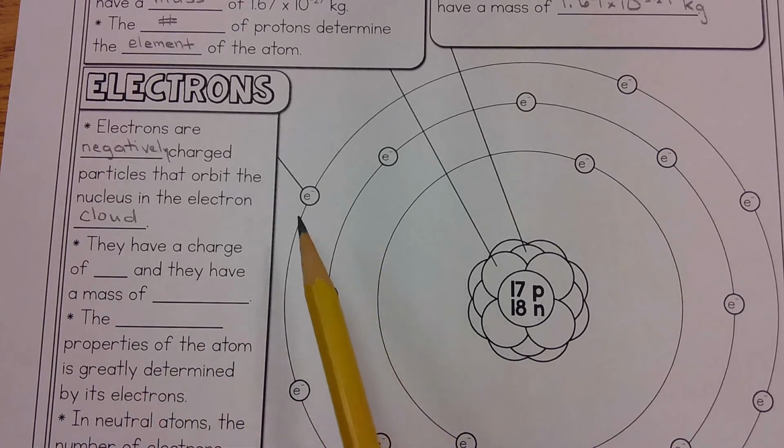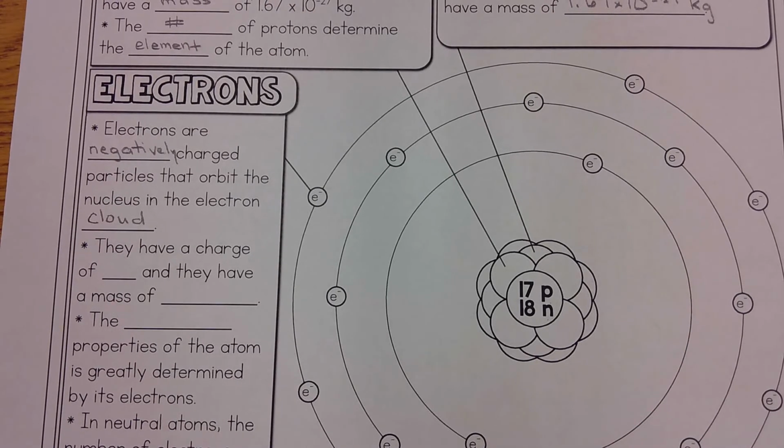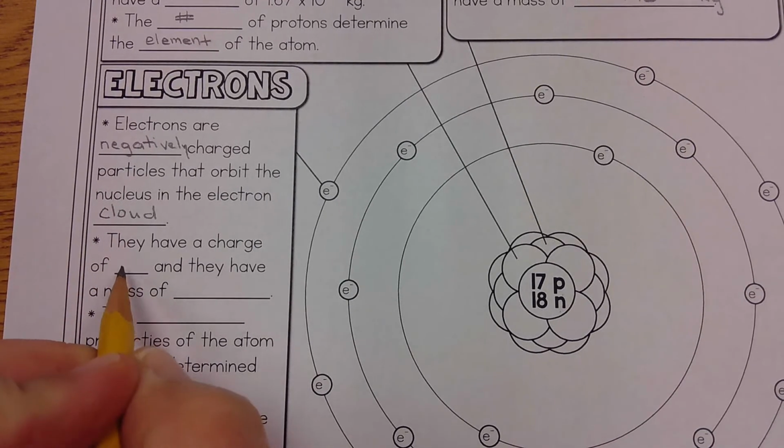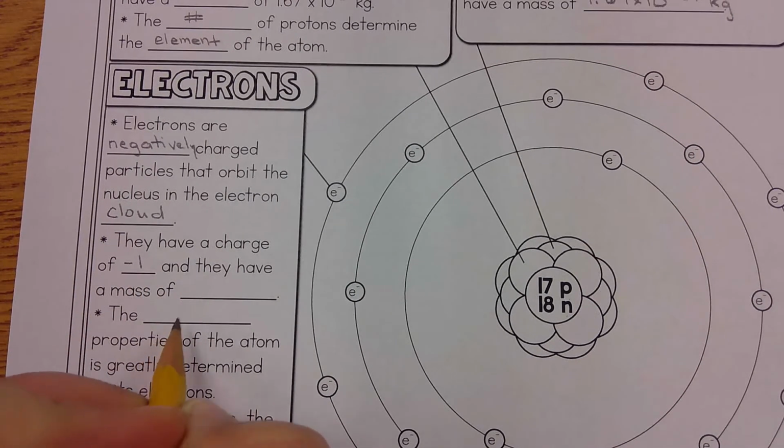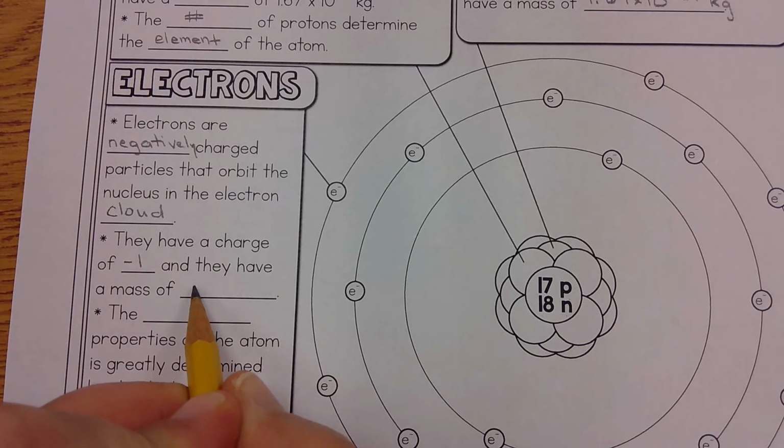We can count the number of electrons: 1, 2, 3, 4, 5, 6, 7, 8, 9, 10, 11, 12, 13, 14, 15, 16, 17. So it also has 17 electrons. Anyway, back to my electrons. They have a charge of -1, and their mass is much smaller than that of protons and neutrons.